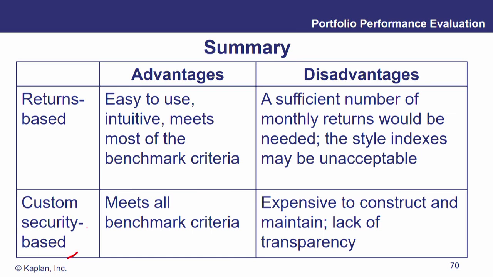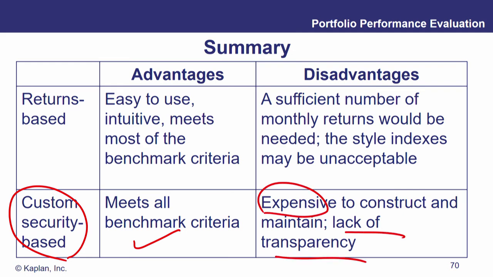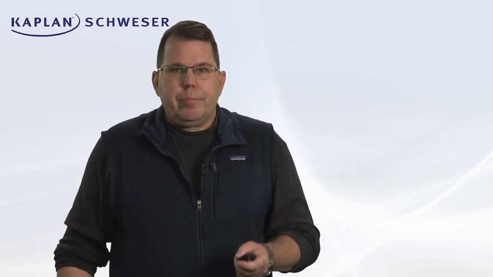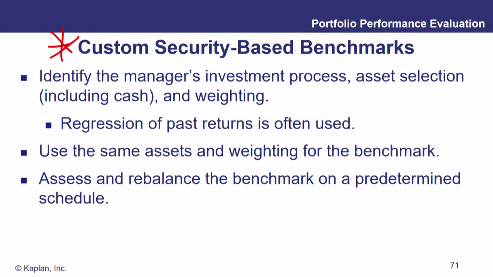And then finally, a custom security-based, so it meets all the benchmark requirements. So why doesn't everyone do it? It's expensive and it lacks transparency because it's custom, and I'm going to keep it proprietary. Okay, so let's go into some custom security-based benchmarks. And again, this is very popular, definitely gaining popularity.